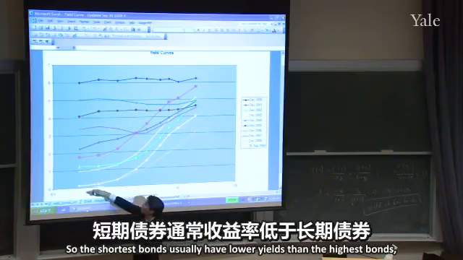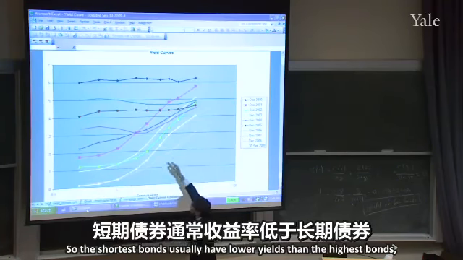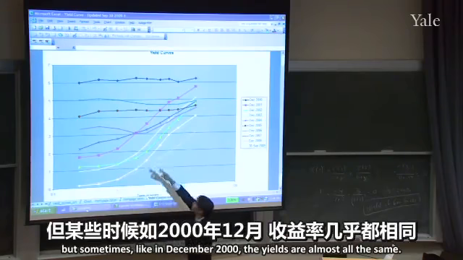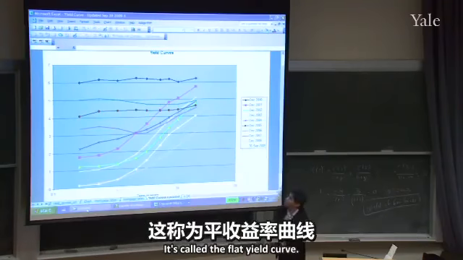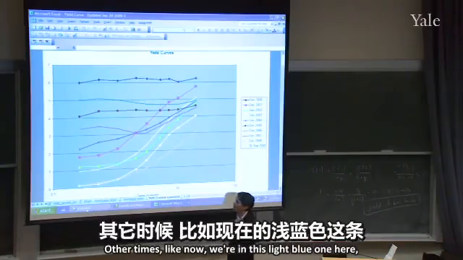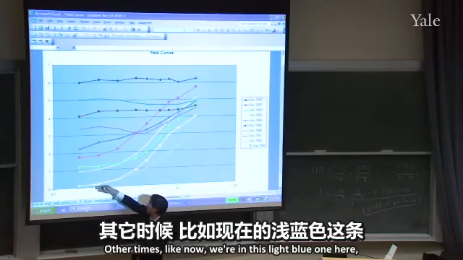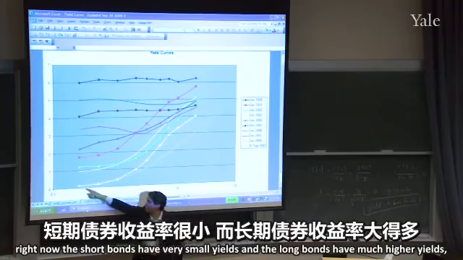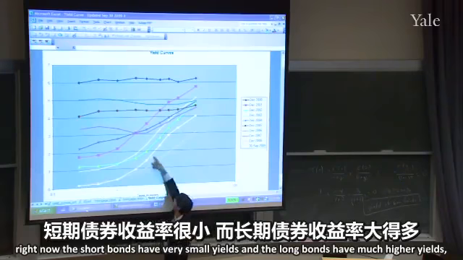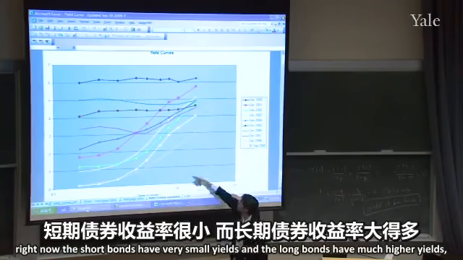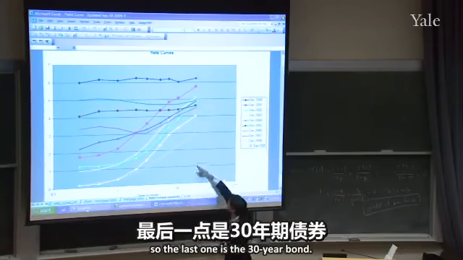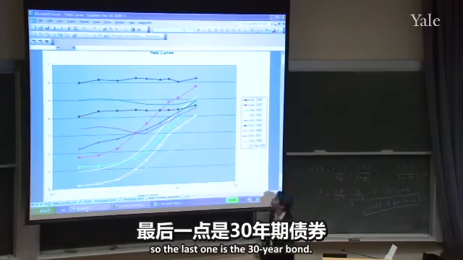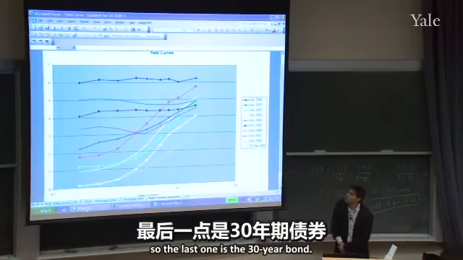Okay, so the shortest bonds usually have lower yields than the highest bonds, but sometimes, like in December 2000, the yields are almost all the same. That's called a flat yield curve. Other times, like now, we're in this light blue one here, the short bonds have very small yields, and the long bonds have much higher yields. Okay, so the last one is the 30-year bond.